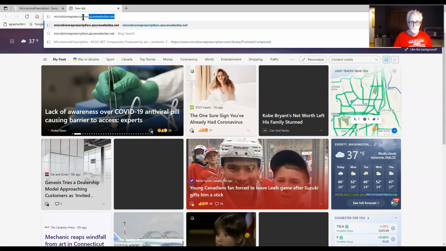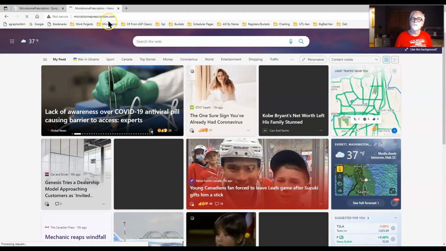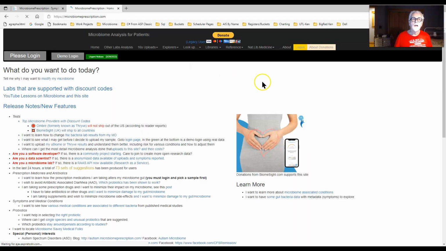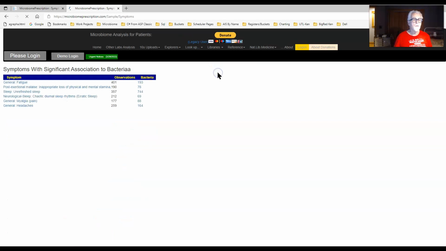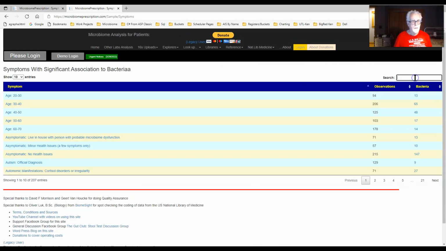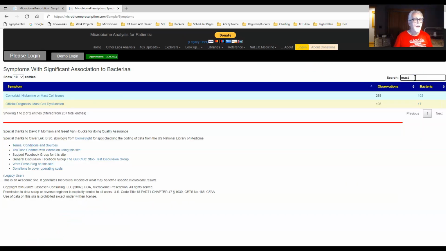Up at the top what we have is look up bacteria here, bacteria associated with symptoms, and type in the word mast.